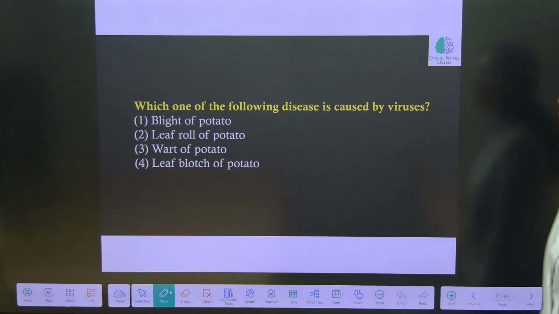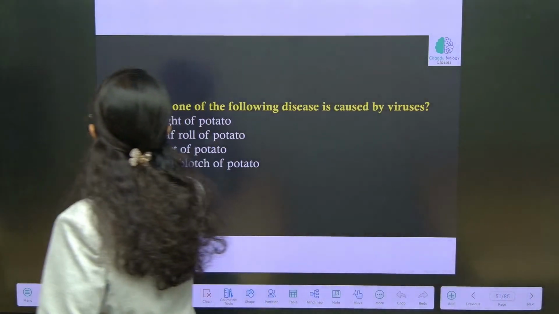Here we go. Which one of the following diseases is caused by viruses?